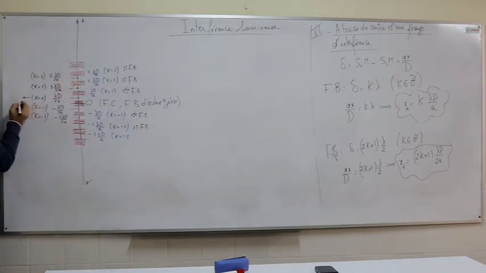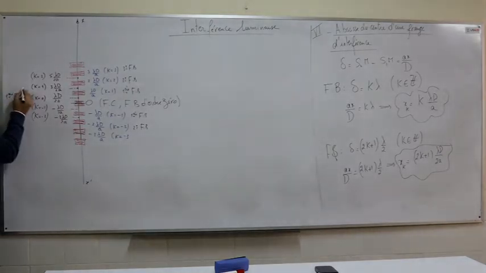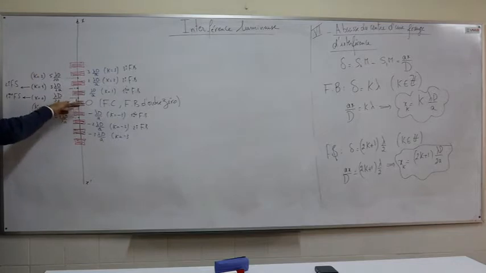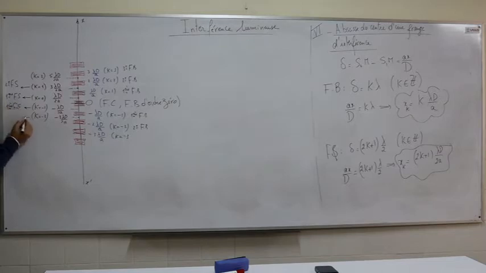In the same manner, this is the first dark fringe. This is the second dark fringe. These are also from the positive side, whereas these are from the negative side. This is the first dark fringe, this is the second, and so on.